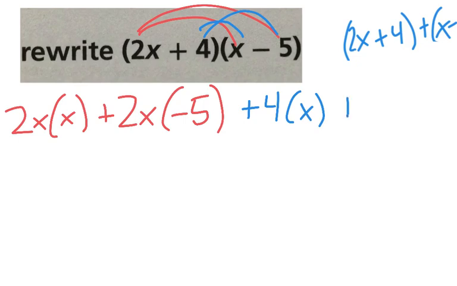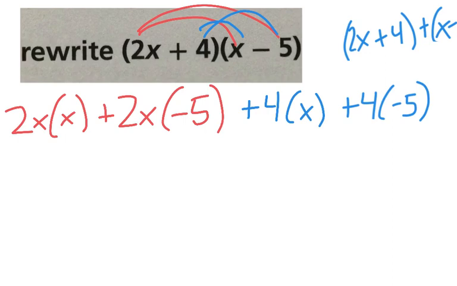Then I'm going to take the positive 4 and multiply it by negative 5. So I took 2x, I multiplied 2x by everything in the other parenthesis. Then I took the second term, 4, and multiplied it by everything in the other parenthesis. Distributing.